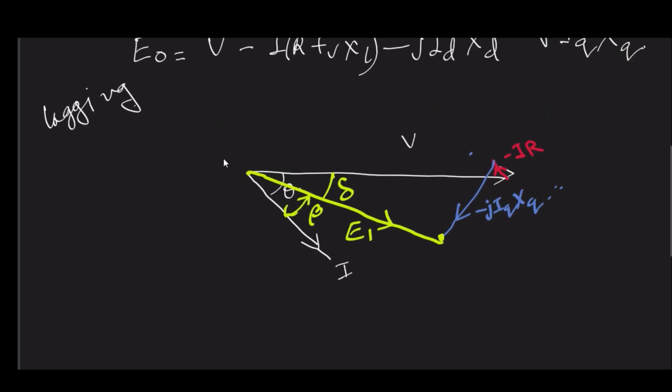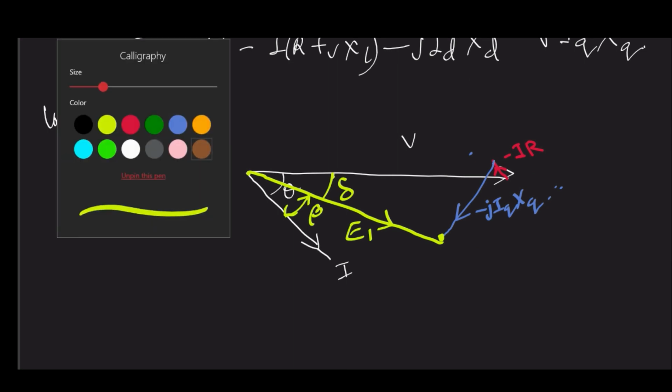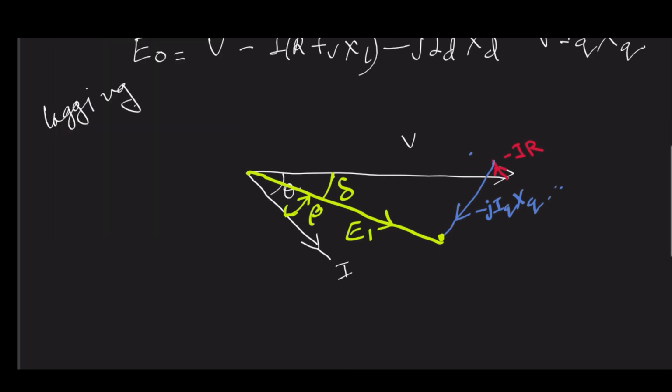So we can have our two components of armature current. Along this is our IQ, and basically it is like this.